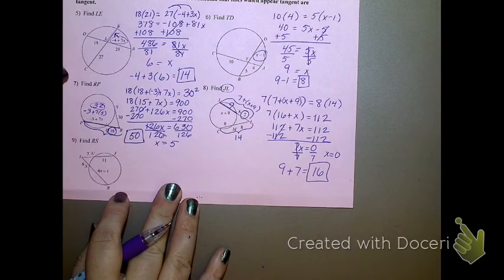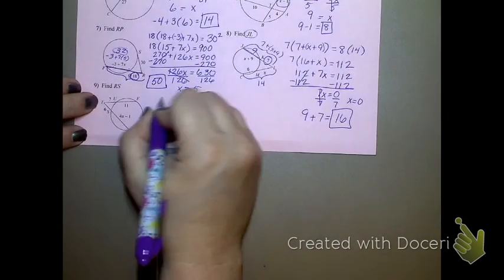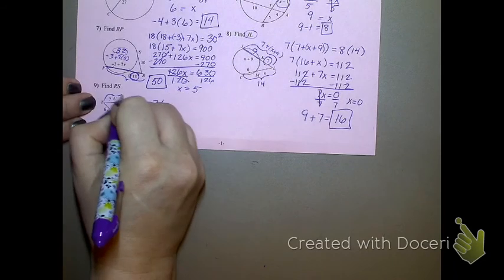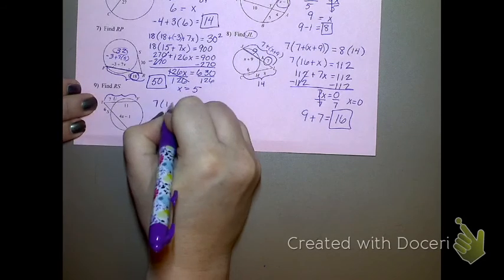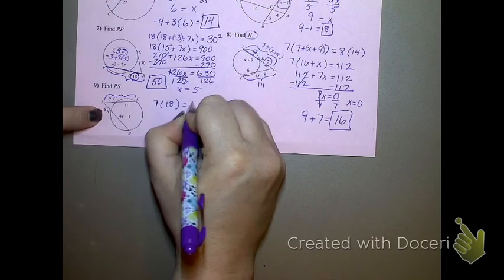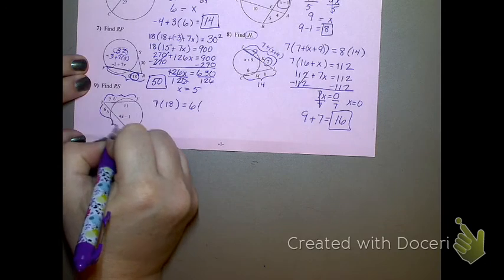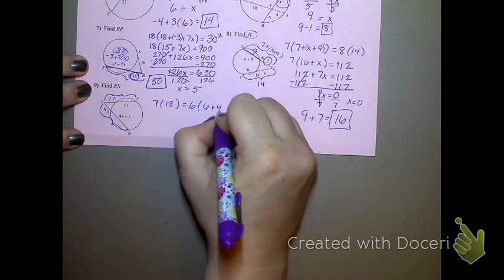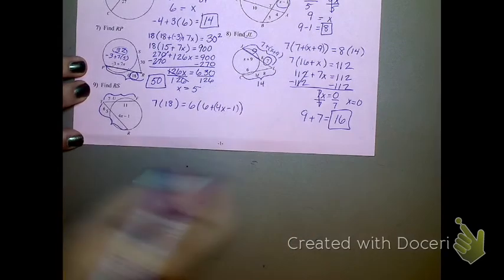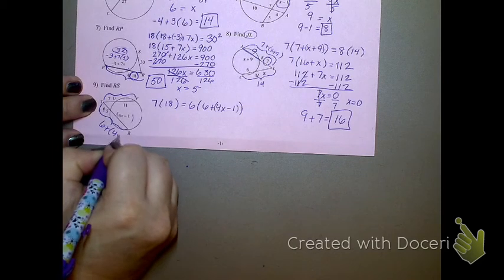Okay. And number 9 is done the exact same way. So 7 times whatever the whole thing is. What's the whole thing? 18 is equal to the outer part here, which is 6 times 6 plus 4x minus 1, right? 6 plus 4x minus 1 would be the whole thing.